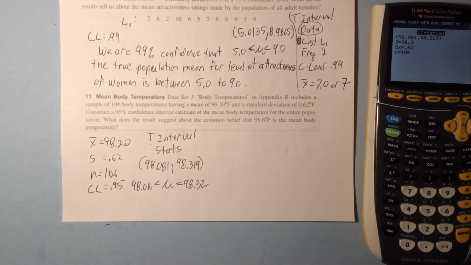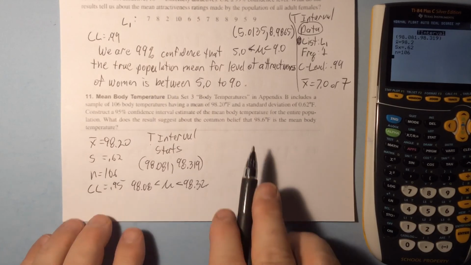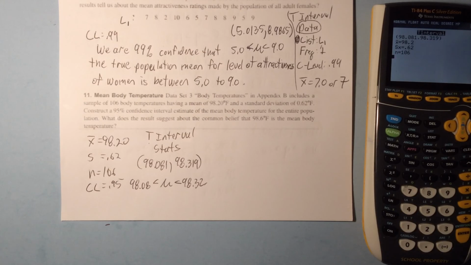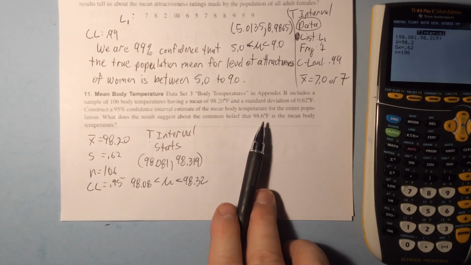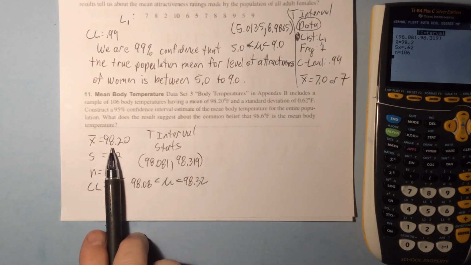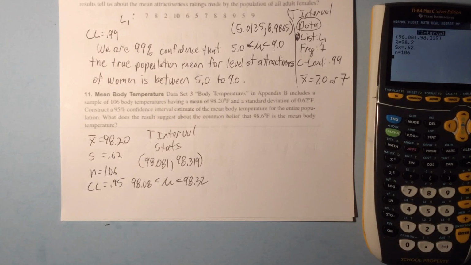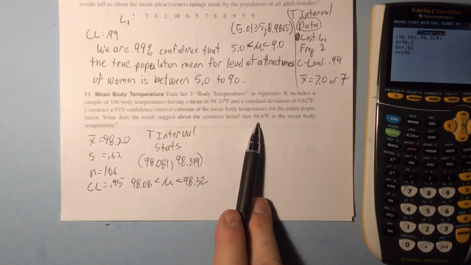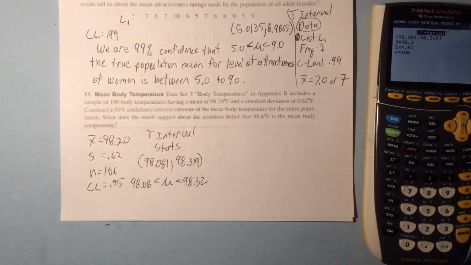So the question I mentioned we would discuss earlier is, where does 98.6 come from? When we look at the true body temperature, which looks to be about 98.2, this body temperature of 98.6 is significantly higher than the average body temperature.